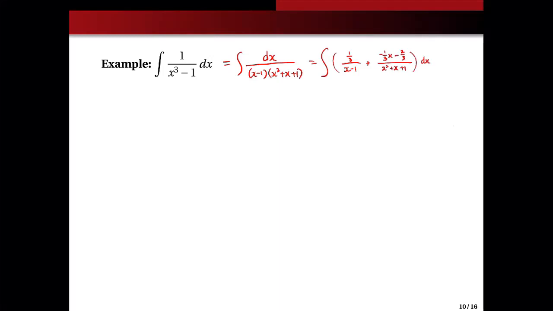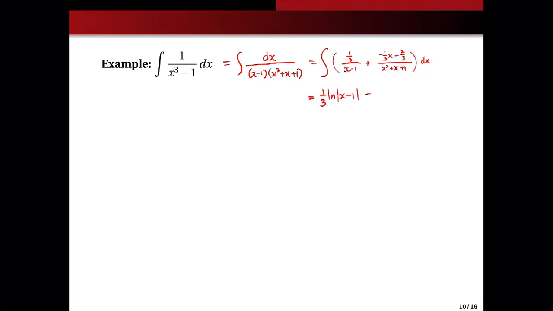And then in here, you can factor out negative 1/3 for this guy here. So if we try to rewrite that, well, let's integrate this part here. It's easily integrable. So you will get 1/3 ln absolute value of x minus 1.